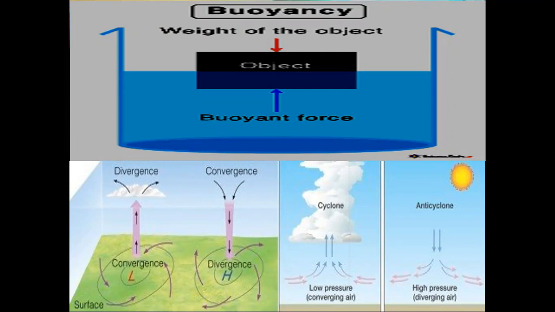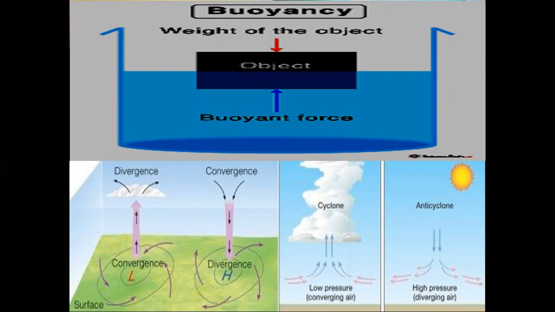Rising air is associated with convergence and unstable weather, that is cyclonic conditions, whereas the sinking or subsiding air is associated with divergence and stable conditions, that is anticyclonic conditions.